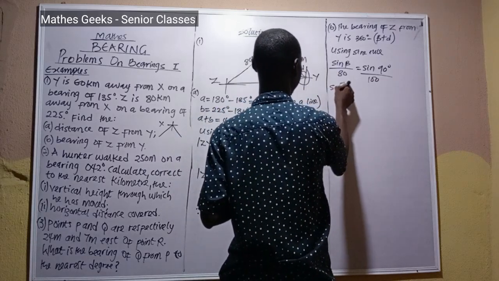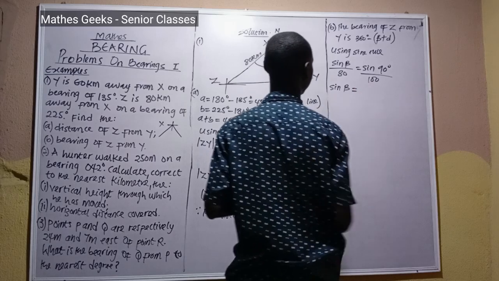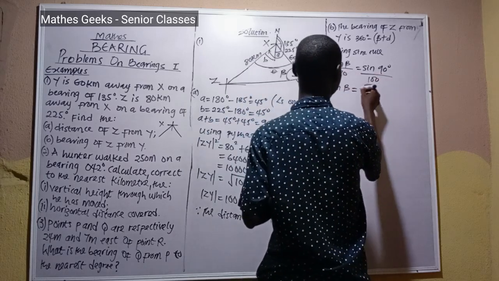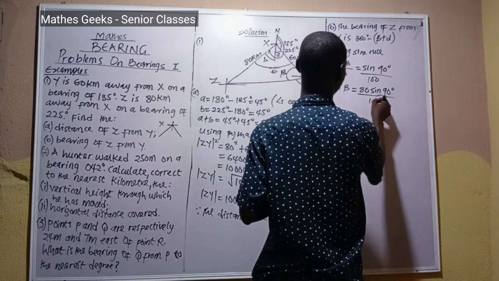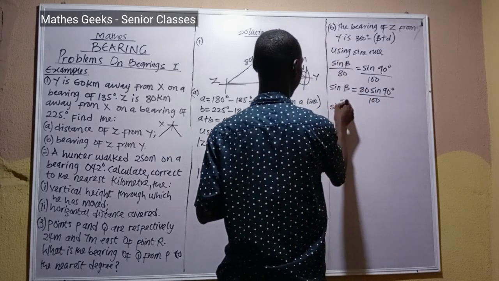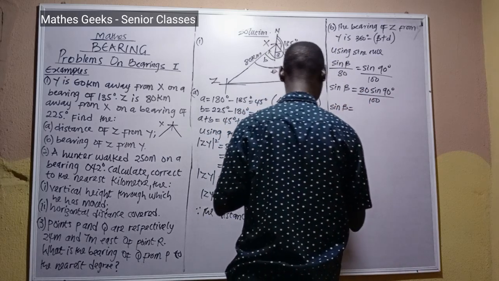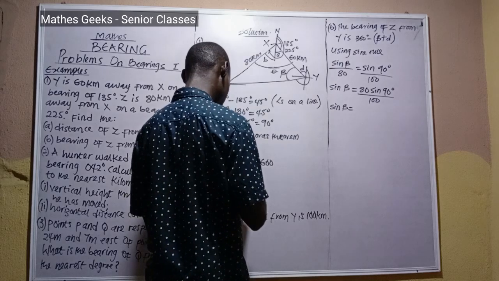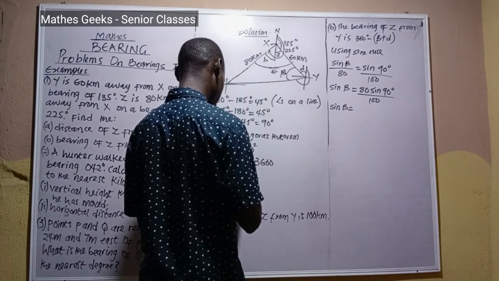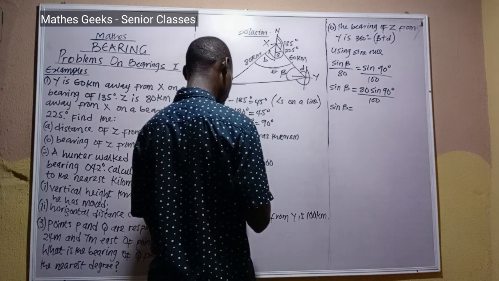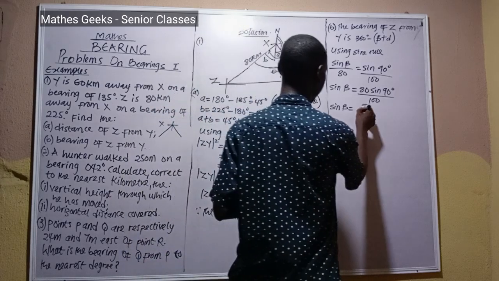So sine beta is equal to 80 sine 90 degrees over 100. So sine beta is equal to 80 sine 90 degrees divided by 100, 0.8.